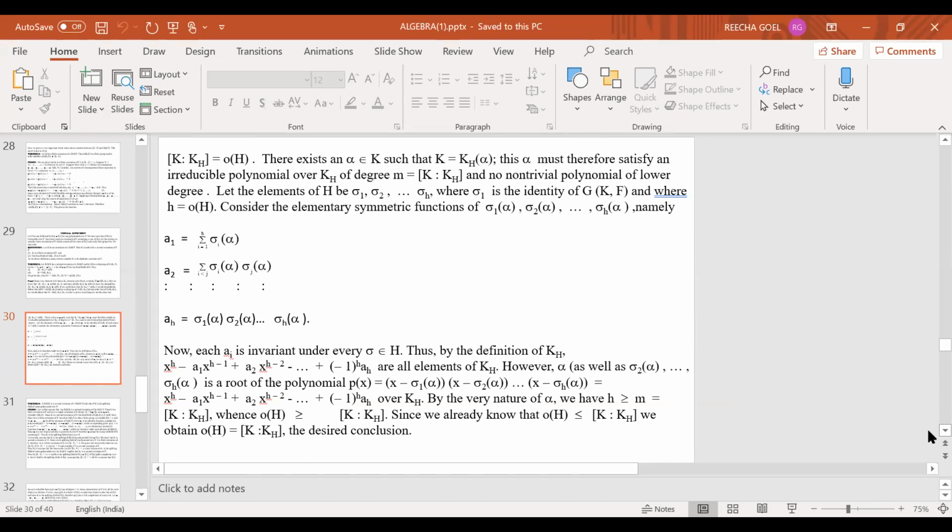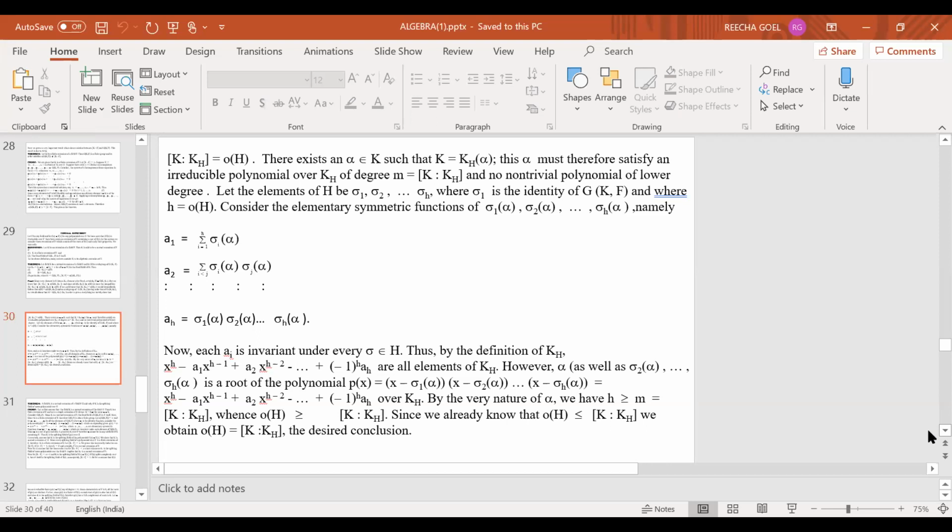Those who have already studied theory of equations must have come across expressions of the form x1 plus x2 plus x3 plus up to xn, x1x2 plus x1x3 plus x1x4 up to xn, plus x2x3, etc. Such types of expressions are known as elementary symmetric functions.